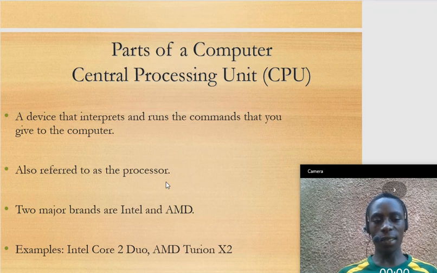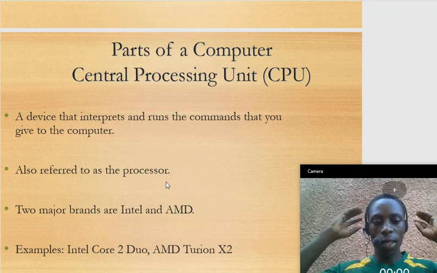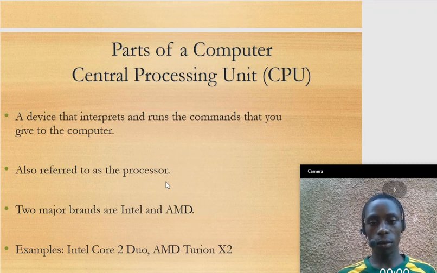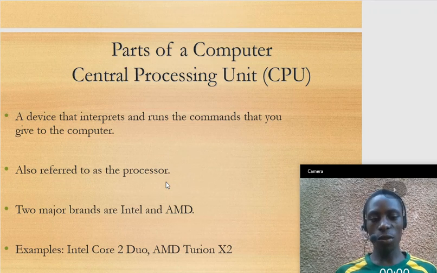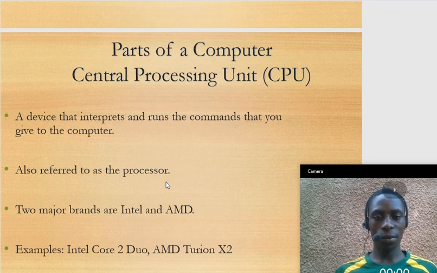It processes, it translates. If you compare it to the human brain, the human brain is the processor. I normally give an example: assuming you're at home preparing some food, and accidentally you step on fire.